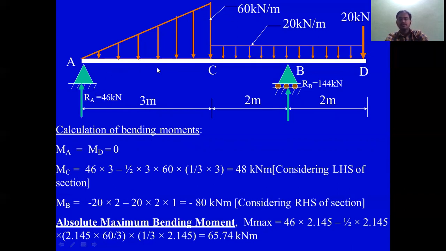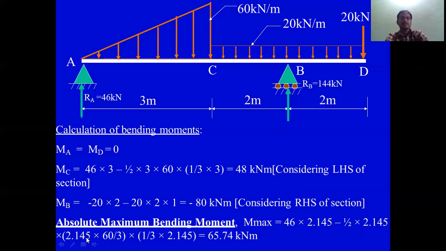46 into 2.145 minus half into base into height. Again, this is the base, the height is 2.145. Coming to the base, at a distance of x, it is 60 by 3 into x, again by the similar triangles concept.